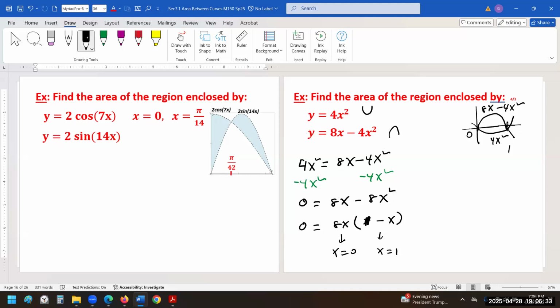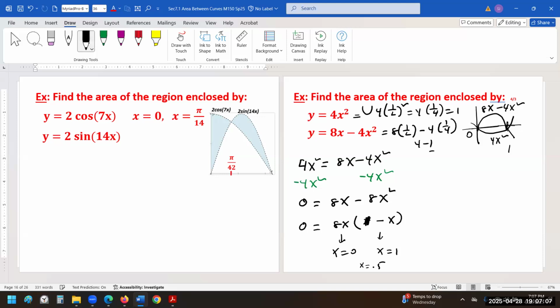But if you're not good with the parabola, that means you have to know which one is bigger. So you pick a number, let's say between them we have 0.5, right? 1/2. So here we have 4 times 1/2 squared. That gives us 4 times 1/4, 1. And here, let me erase my parabola. We have 8 times 1/2 minus 4 times 1/4.